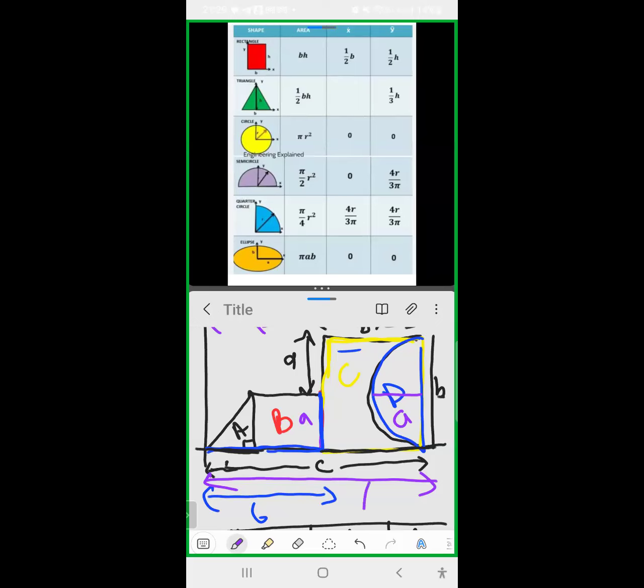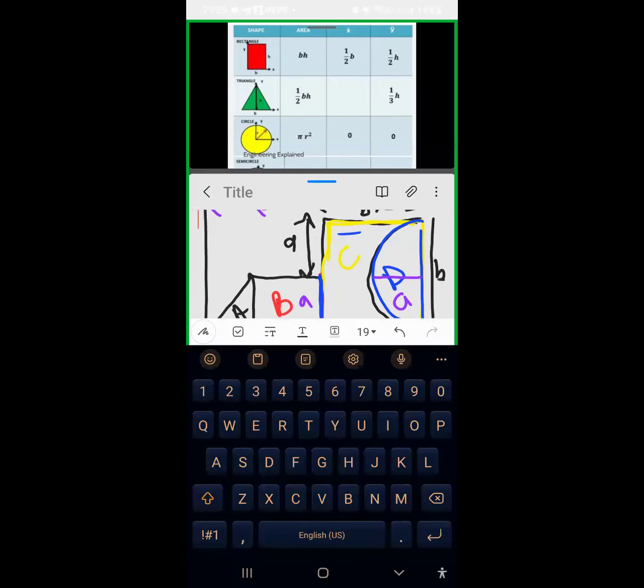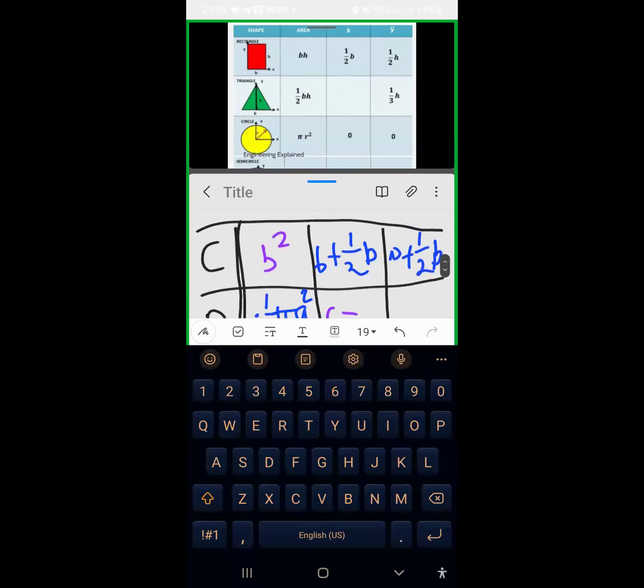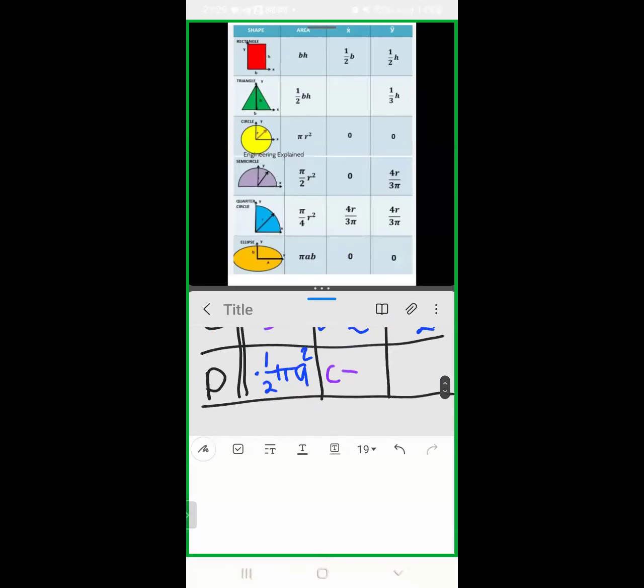So now let's go ahead and fill in the missing information. That means we're going to have c minus 4 over 3 pi multiplied by the radius, which is a unit.